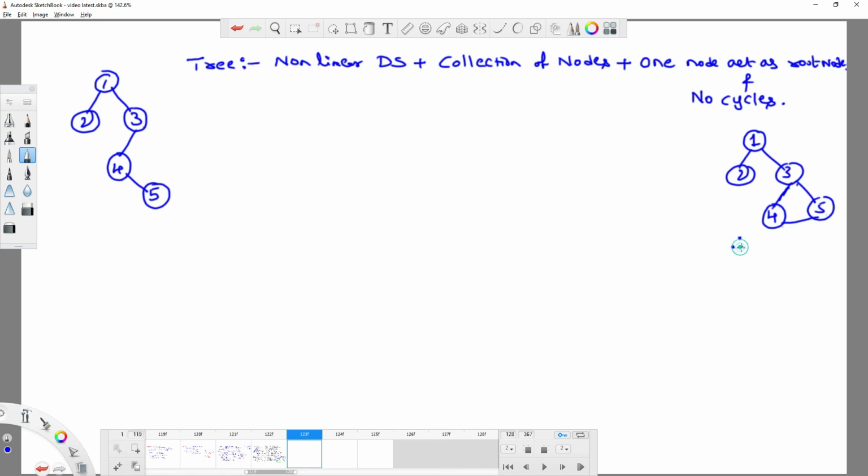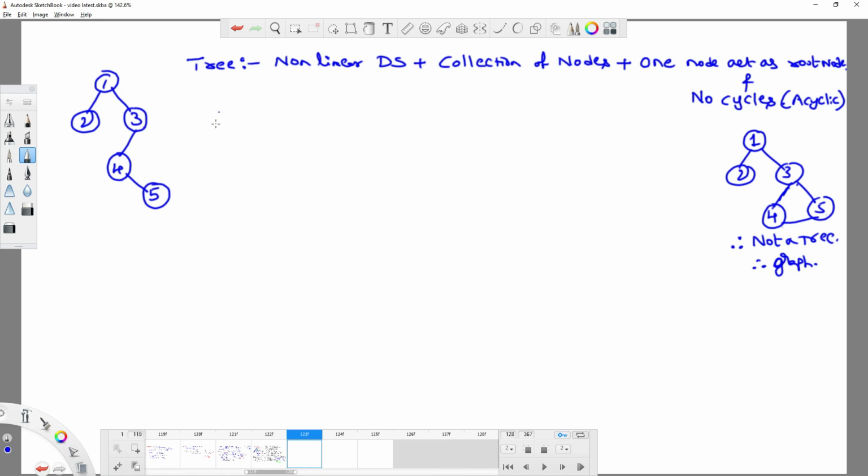Can I call it a tree? No, it is not a tree. I can call it a graph. That we'll see in further classes. If I am saying something is a tree, it should not contain any kind of cycles. It should be acyclic.